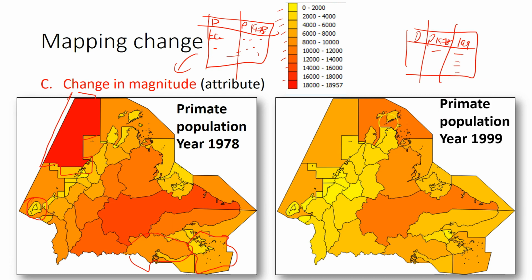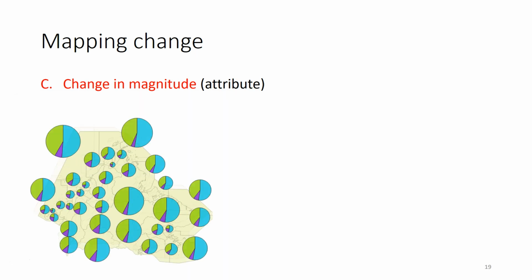For this one, I label the polygon with different colors according to the value of 1999. And this one is using the value of 1978. And I use the same symbology. I can copy the style to make sure you have the same color used for the same range of the number.